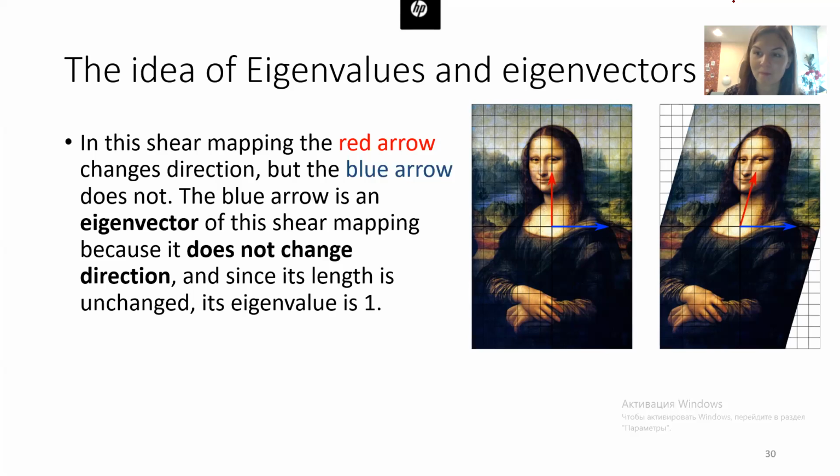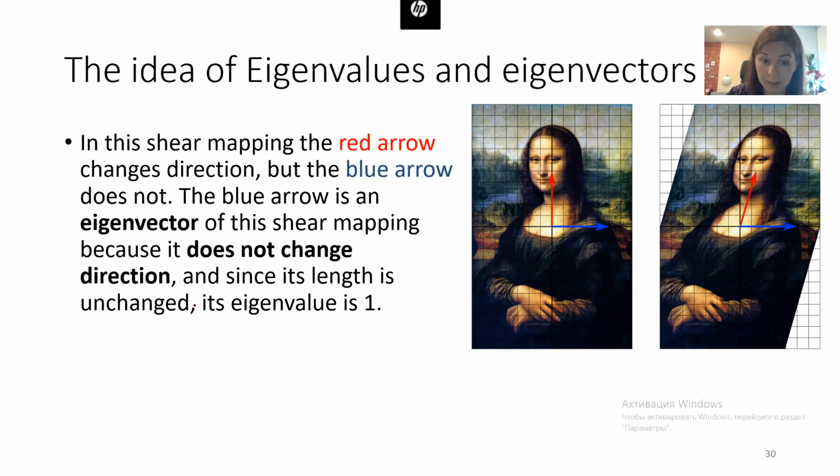Yes, exactly. So the core idea is that we may transform our vector using eigenvalues and eigenvectors, but you don't change the direction. You see that the blue arrow is the same in both cases. It means that this transformation does not influence this vector, and the scale of transformation of the length is equal to 1.